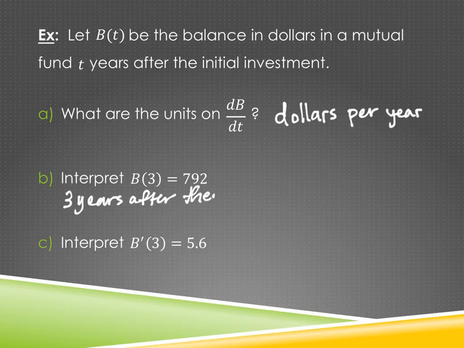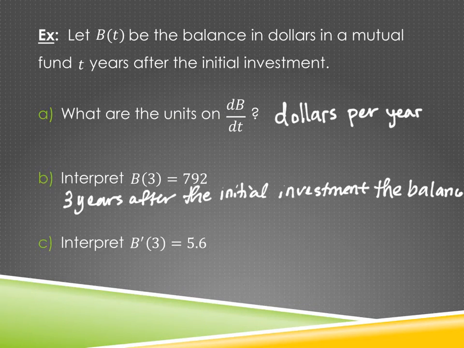Okay, so 3 years after the initial investment, the balance in a mutual fund is 792, and of course you want to put the dollar unit on there, right? You guys did great on this on your test, no problems at all.